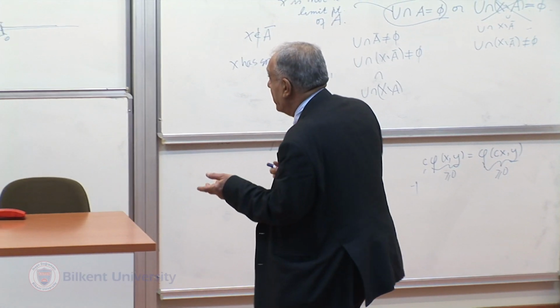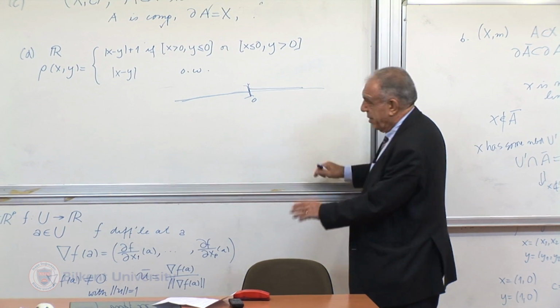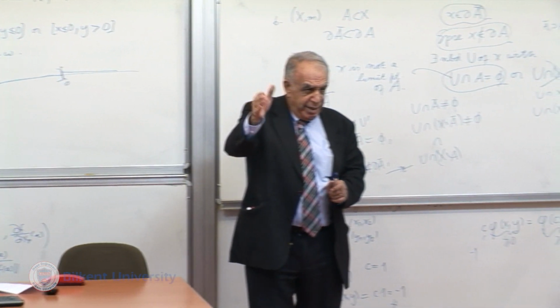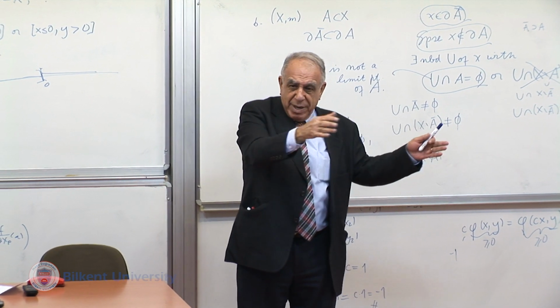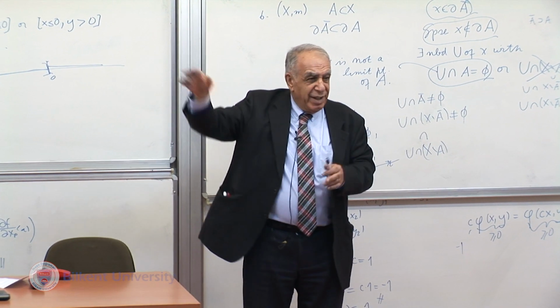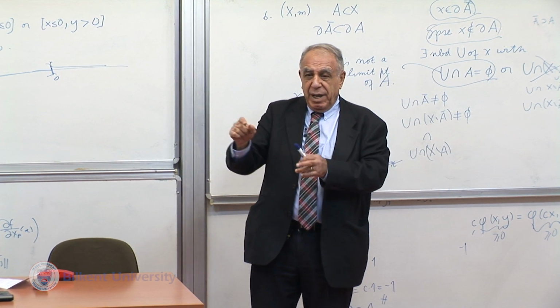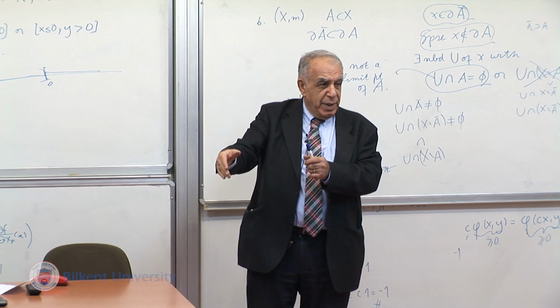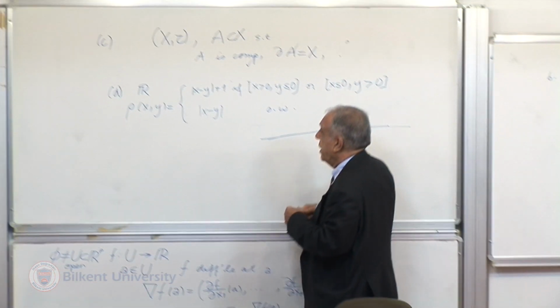So this is actually a metric. If you have some barrier and you're on the same side, you're close. If you are close spatially, you're really close, but if the barrier is in between, then you're not close. So that's to represent that situation.